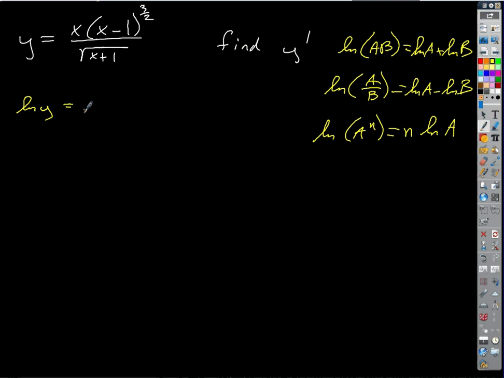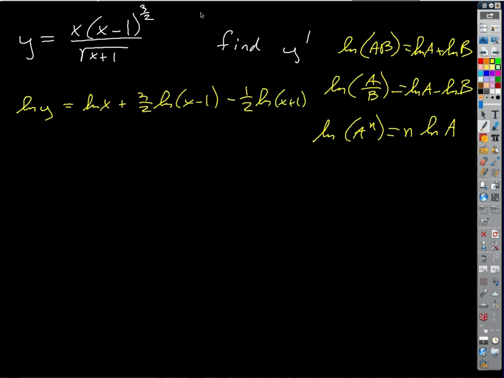So I'm going to get log x plus the log of all that, but the 3/2 can come down, can't it? Yeah. So 3/2 times the log of x minus 1 minus 1 log x plus 1.